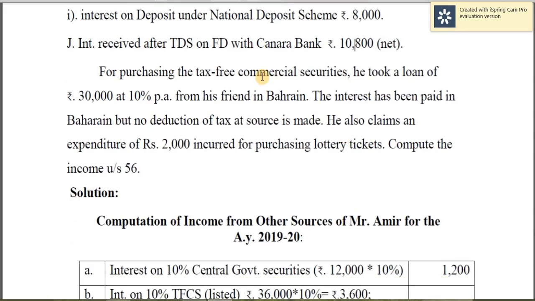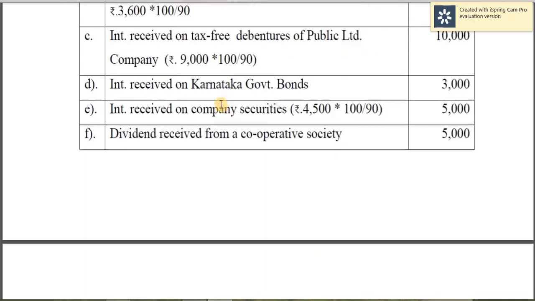Then, for purchasing the tax-free commercial securities, he took a loan of 30,000 at 10% per annum from his friend in Bahrain. Actually, the income from the tax-free commercial security is taxable. The rule is, if the income is taxable, the expense is deductible. But here, the expense is not deductible. Why? Let's see the note.